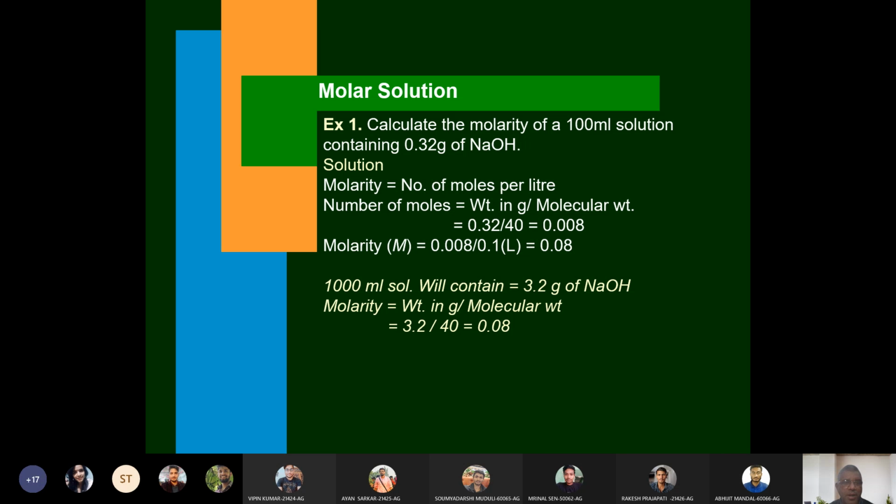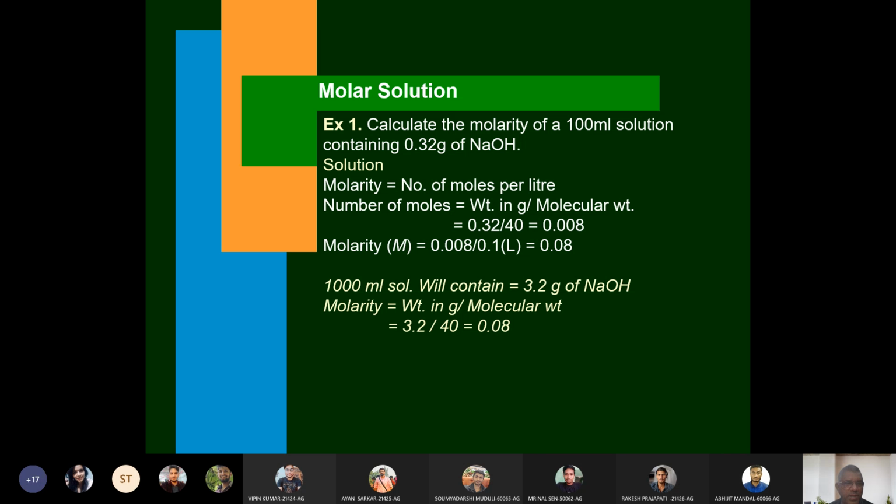So molarity is equal to number of molecular weights in gram per liter. So number of moles is equal to the total weight of the substance in gram divided by molecular weight. How many times is it heavier than the molecular weight? That is your molarity.